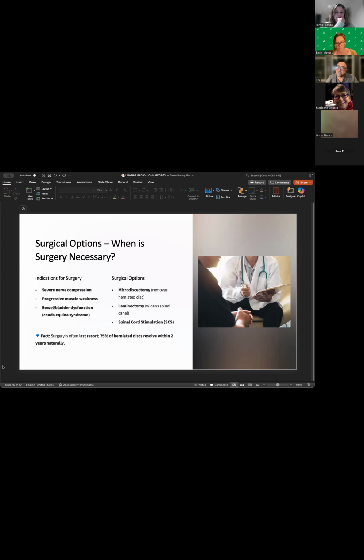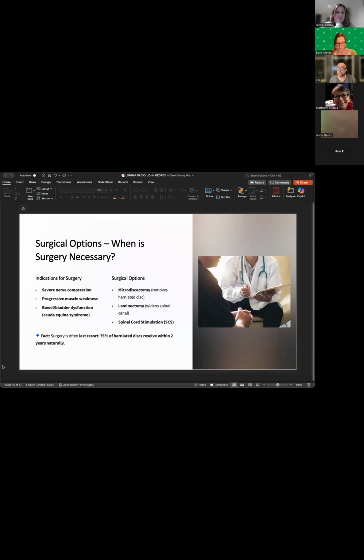Spinal cord stimulation is something that I do. It is like the last resort type of thing that's offered when epidurals give only short-term relief, or surgery is not an option, whether they're contraindicated to have surgery or they don't want to have surgery.